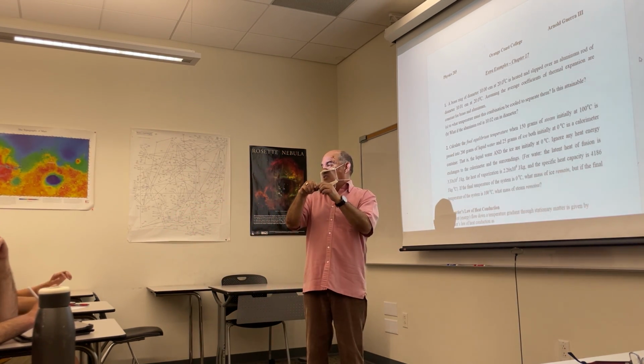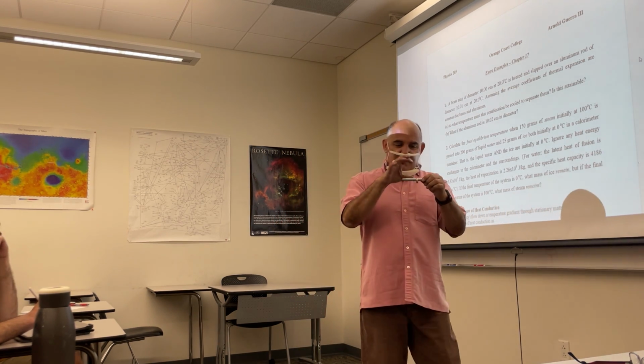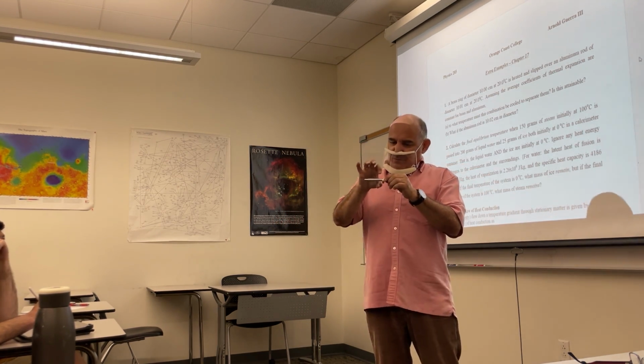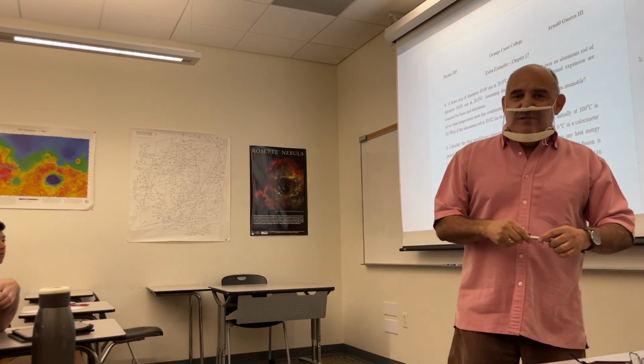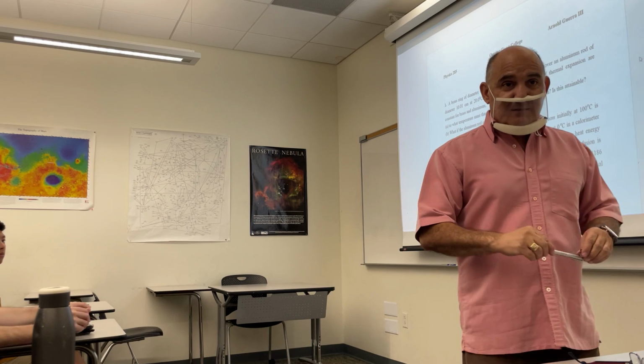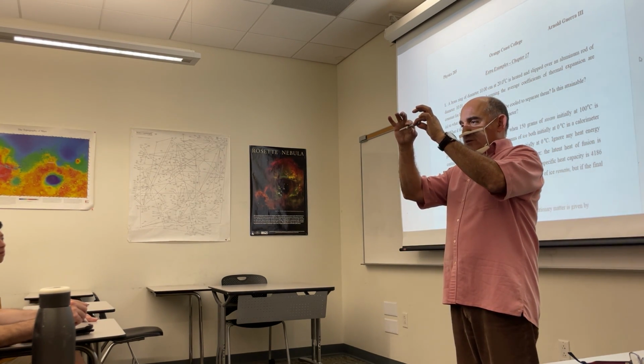And now the ring is stuck on the rod, because the rod has a slightly higher diameter than the ring. And what I want to do is slip the ring off the rod.